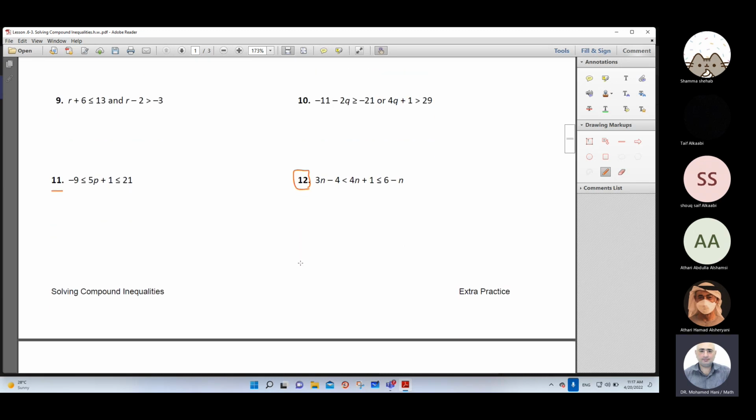I want all students to solve this question, then send me your solution in the message in Teams, please. I wait for you. You have 5 minutes. Start, please.